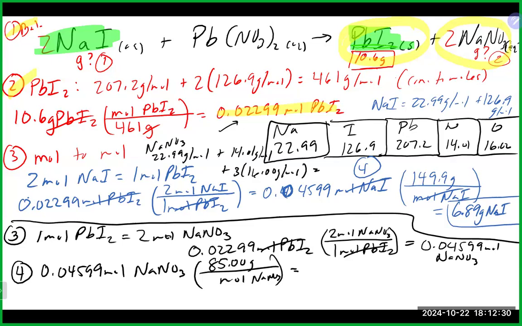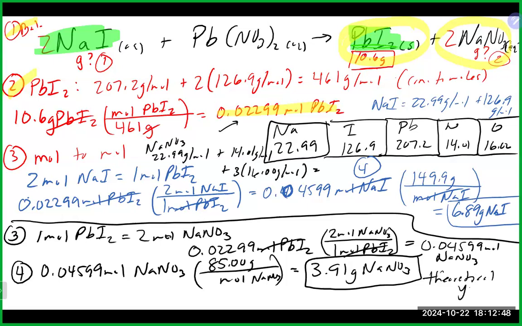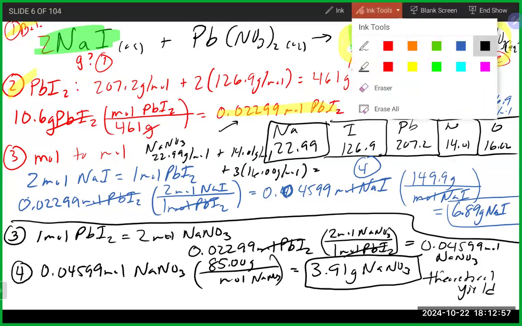That would get me 0.04599, roughly 3.91 grams of NaNO3. Since this is a product, this would also be known as the theoretical yield, based on what you would start with. That would be what you would end up with. So that would be our second answer here.